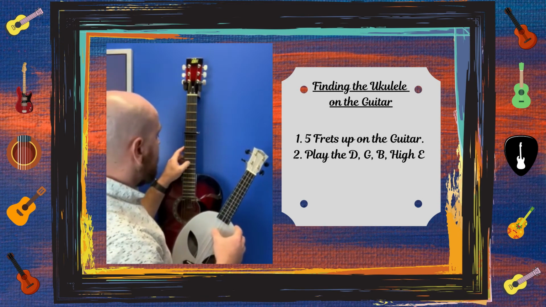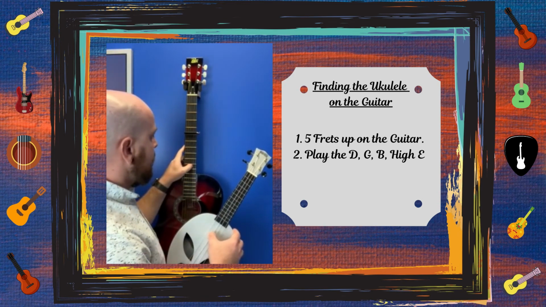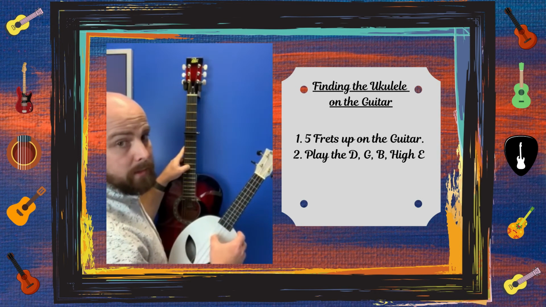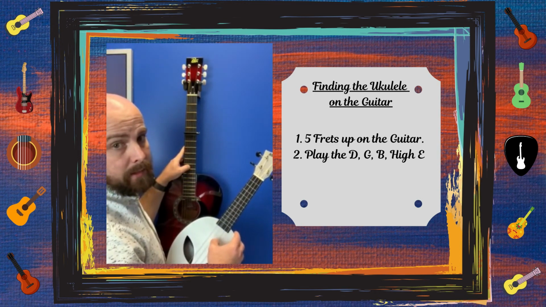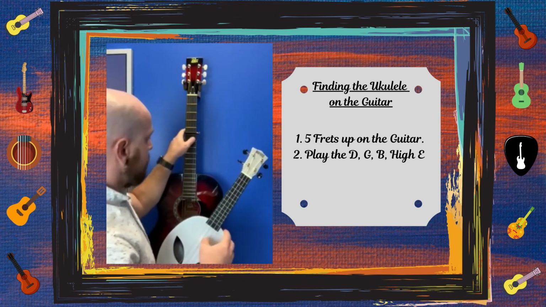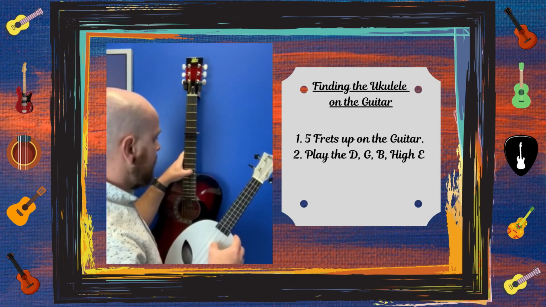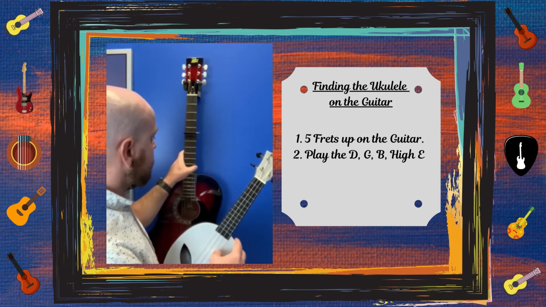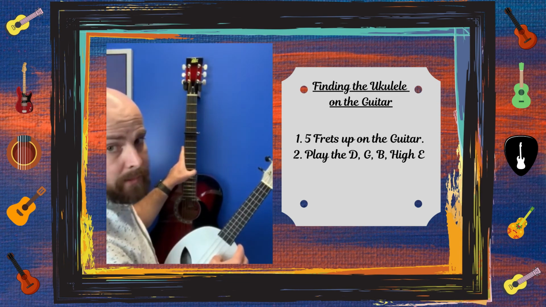Cool? Next one over, we're going to play that. That's your G string on the guitar. That's your C on the ukulele. Moving to the next one over, this is your B string. That's your E on the ukulele. And last one, this is your high E string on the guitar.